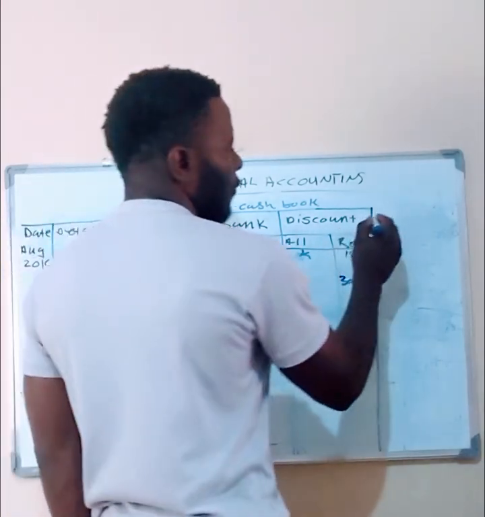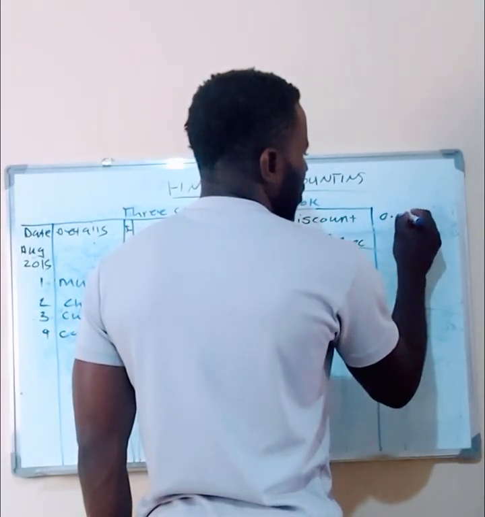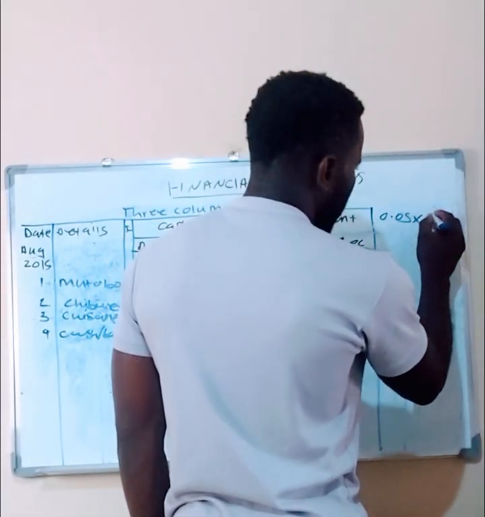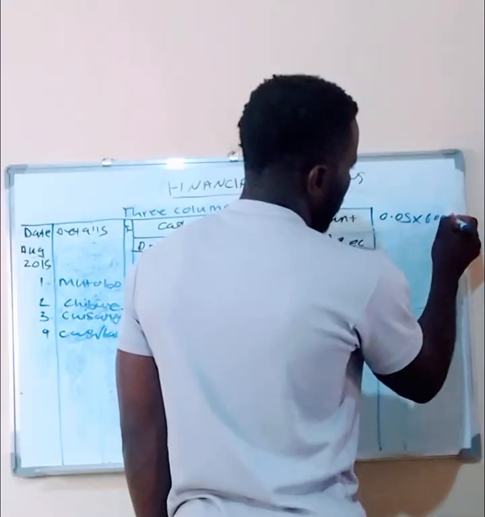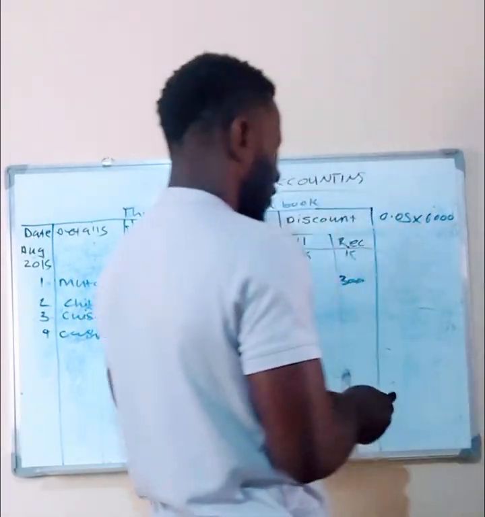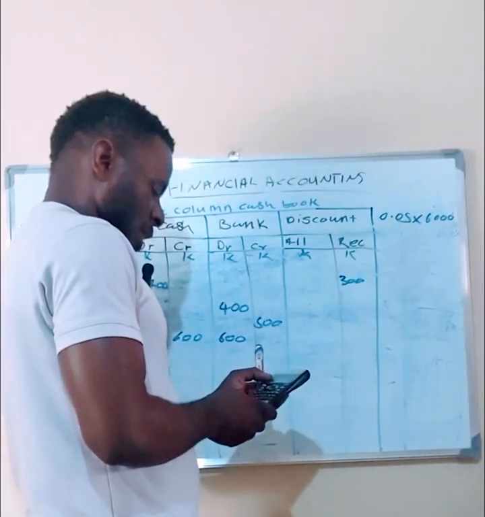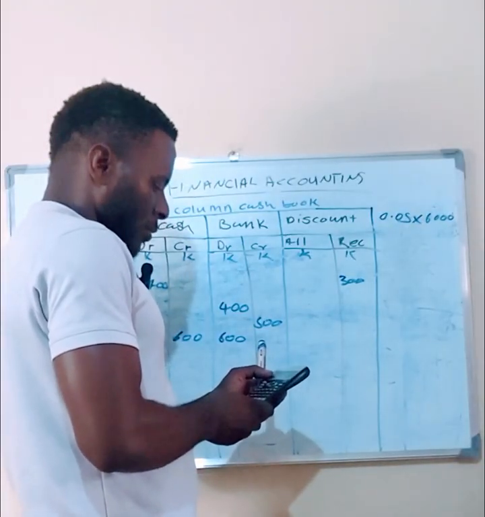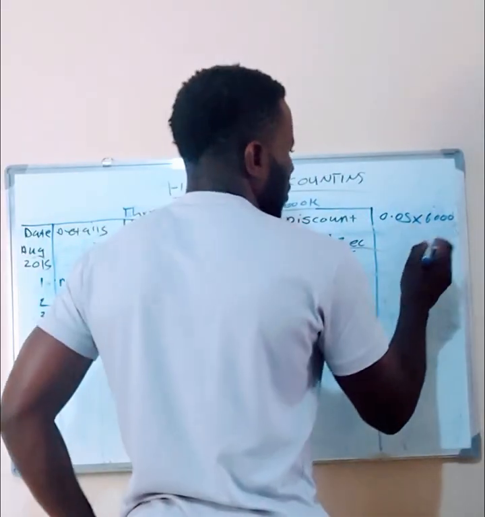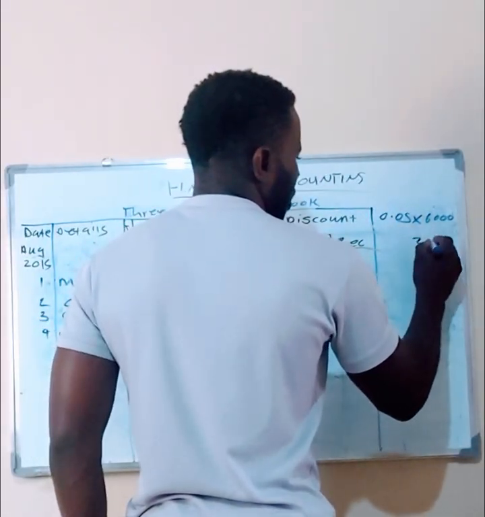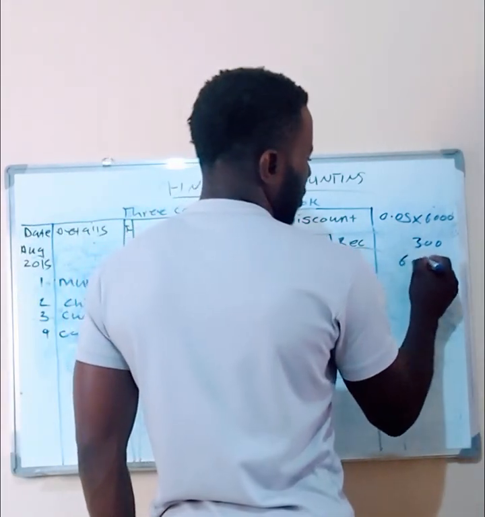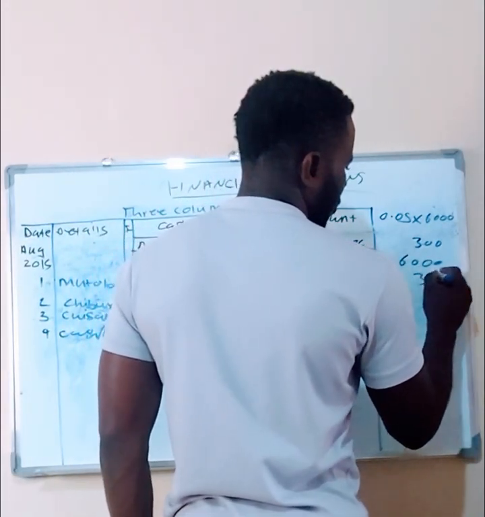So 5%, according to what your teacher taught you in mathematics, is 0.05 times 6,000. That is 300. So 300 was deducted. 6,000 minus 300, what are we getting?